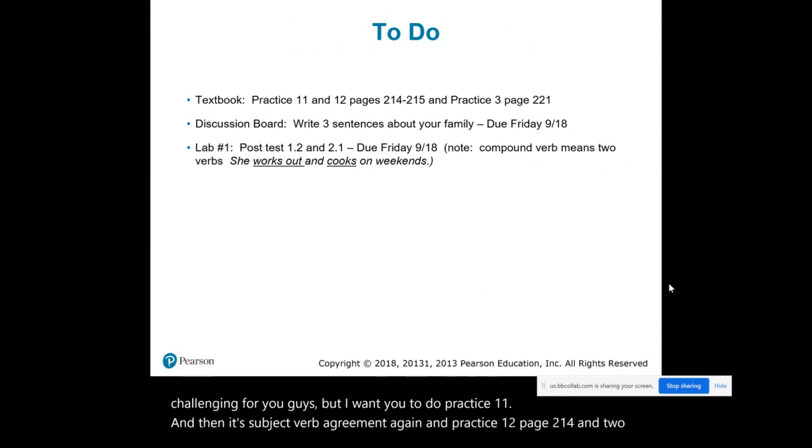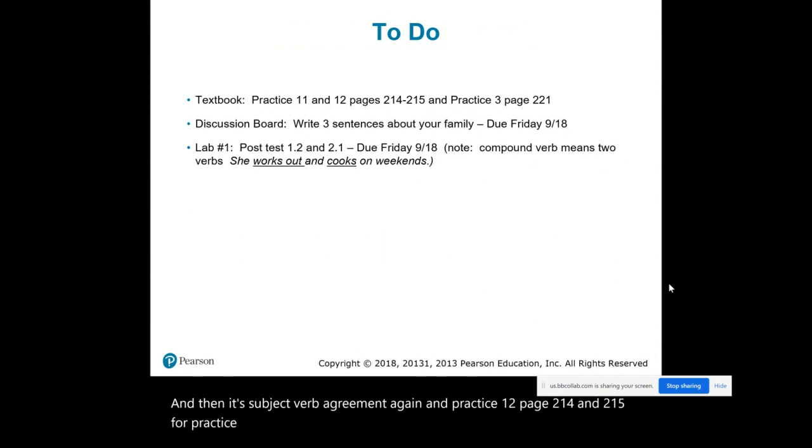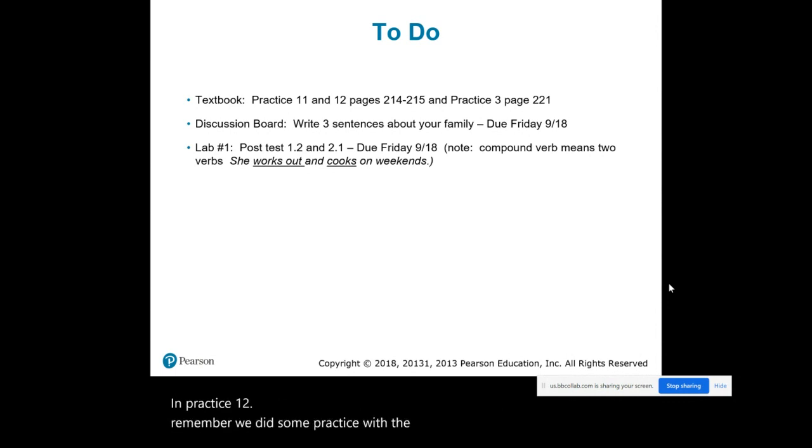For practice 12, I want you to put parentheses around those interrupting words or phrases.